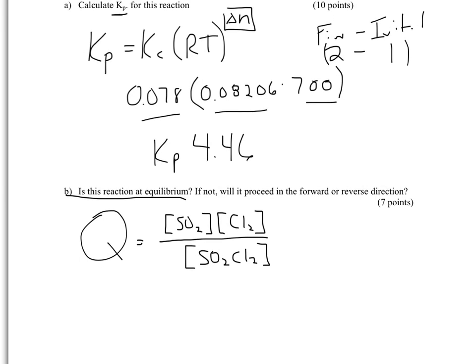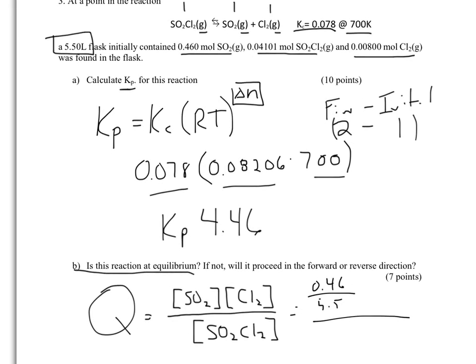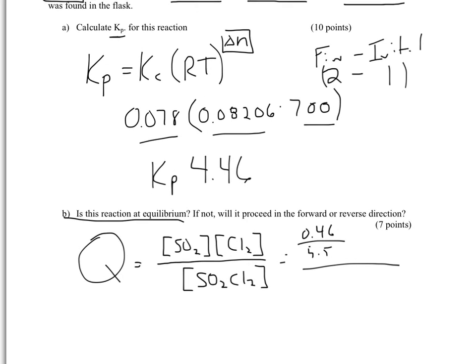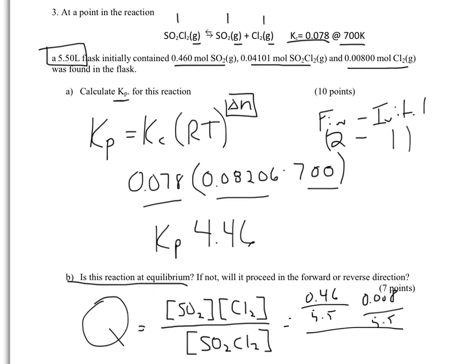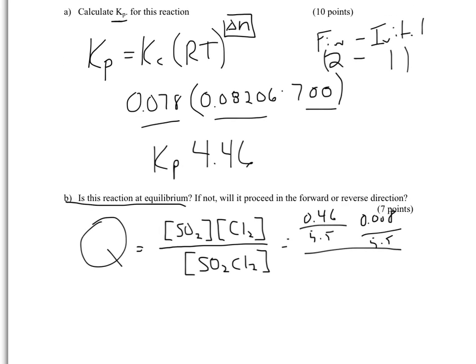What we end up with is 0.46 over 5.5, 0.008 over 5.5, and 0.04101 over 5.5. We do all that math out, and that gives us 1.63 times 10 to the minus 3.